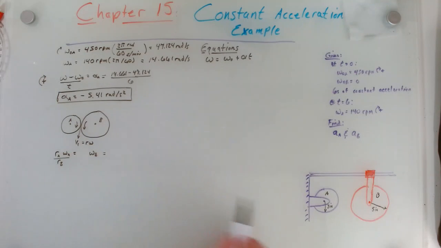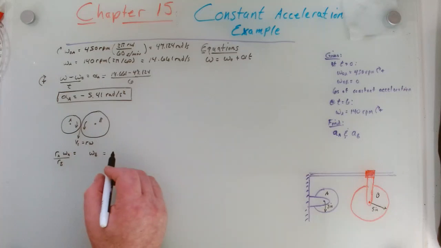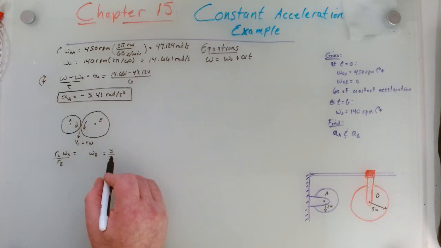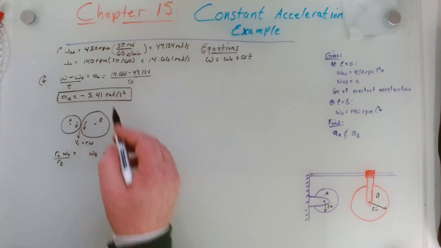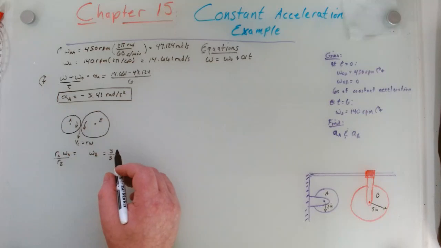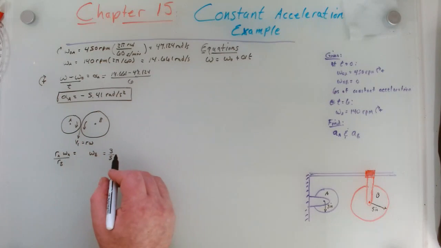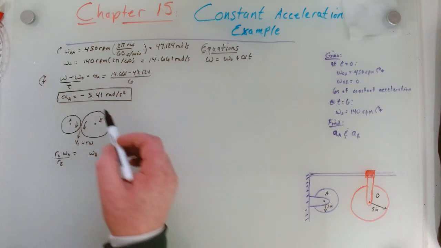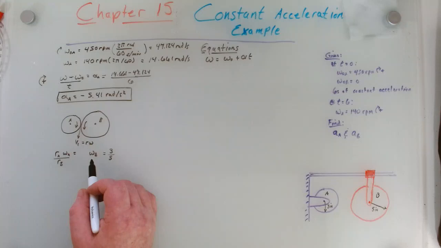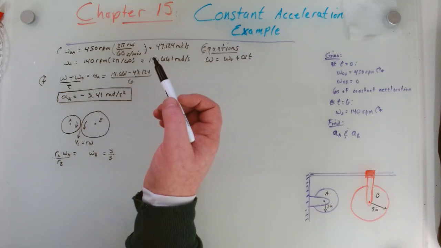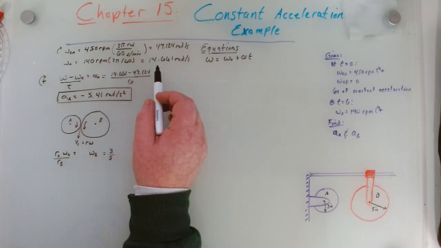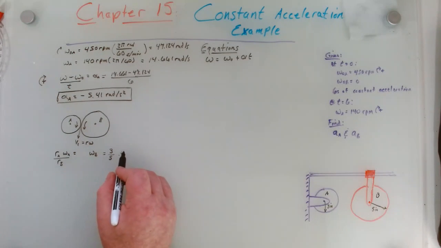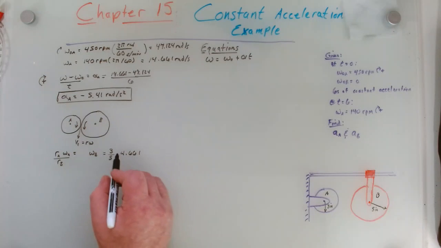That is 3/5 of omega A, and omega A is 14.661.